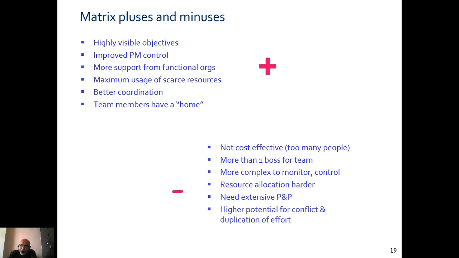You want quality and better coordination or not? If yes, then you have to invest in quality. Resource allocation is harder, but not impossible. And there has to be education and potential for handling conflicts and duplication of effort. This has to be seriously watched.